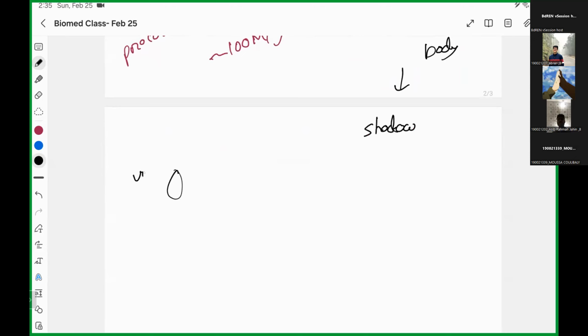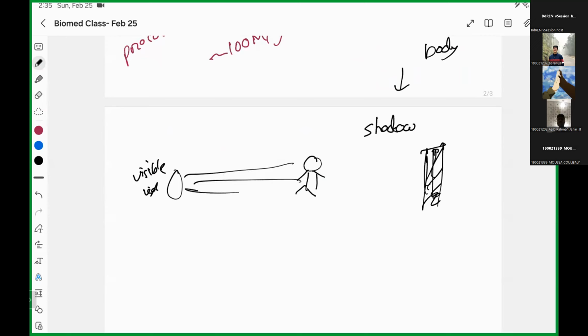Let's say this is your visible light. If a human being is standing here, it will create a shadow. Other portions you will be able to see, and this portion will create a shadow.